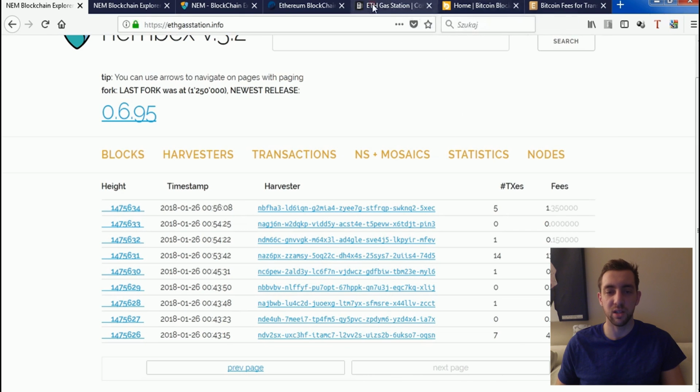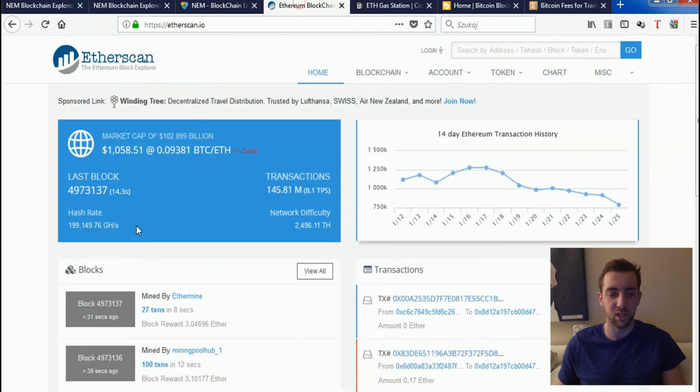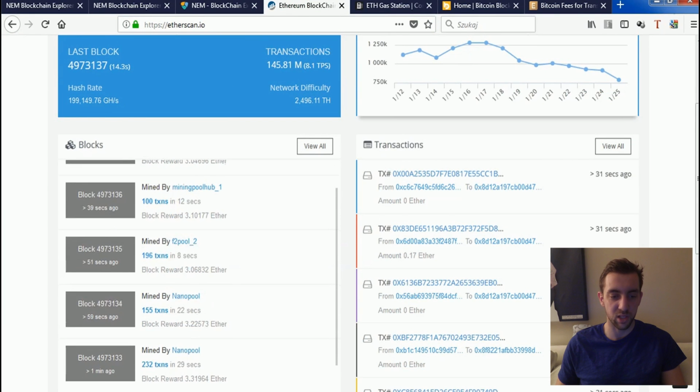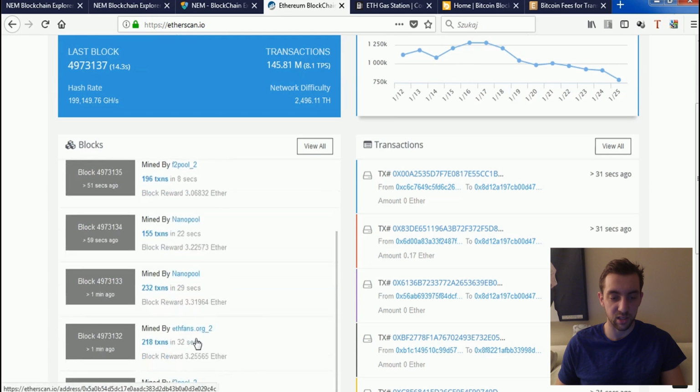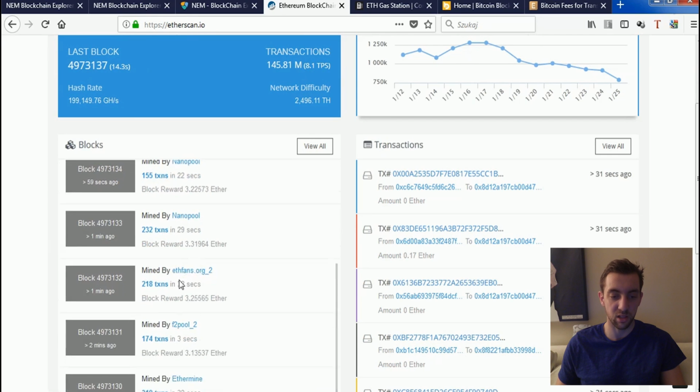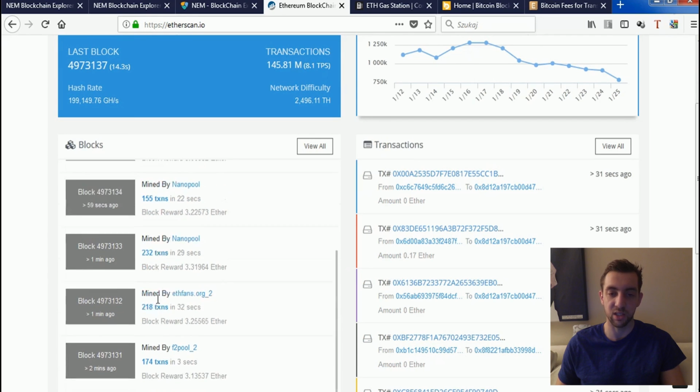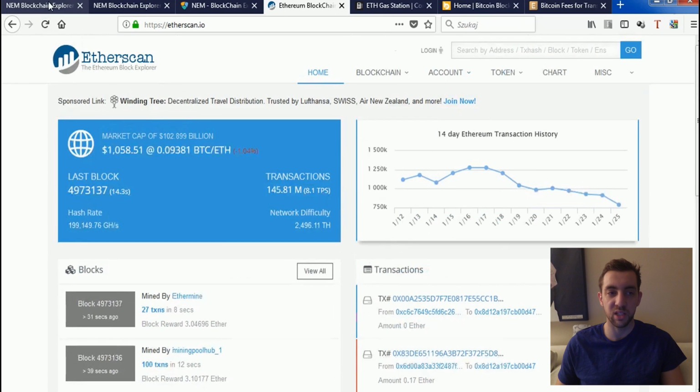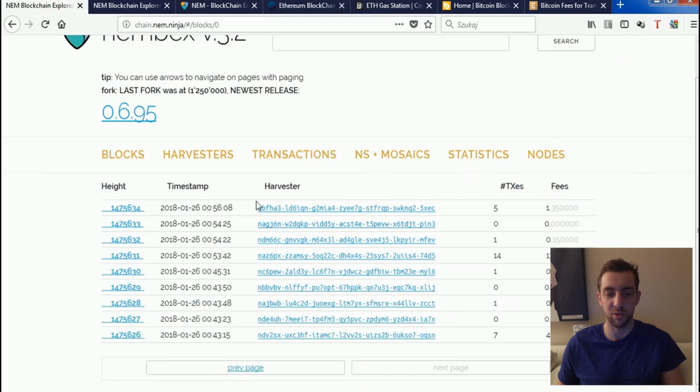Even in Ethereum, sometimes you have blocks in 8 seconds, and sometimes you wait like 32, sometimes you wait 3 seconds. So it all depends on the difficulty and hash power and the probability, of course.